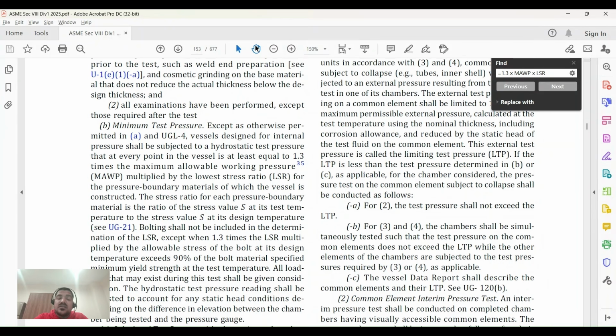Now if you see the test certificate of the material, what values you are seeing is given at room temperature. So there is variation.